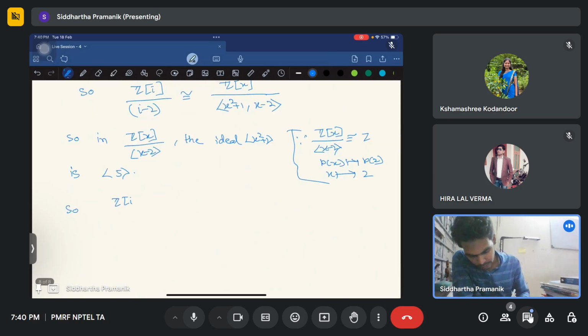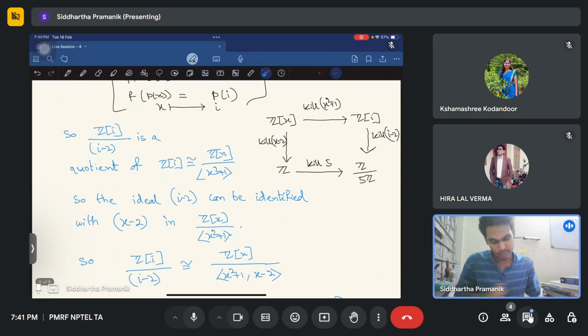So Z[i] mod (i − 2) is basically Z mod 5Z.